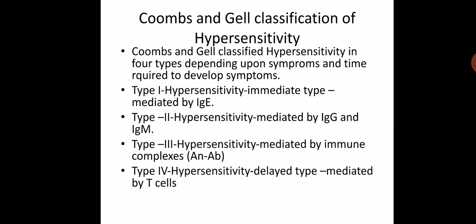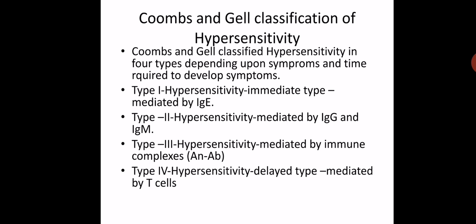And the fourth type will be type 4 hypersensitivity reaction, which is the delayed type, also known as delayed type of hypersensitivity reaction, which is actually mediated by T cells. Now you will understand, from type 1 to type 3 we discussed that there is involvement of immunoglobulins or antibodies. Sometimes IgE is predominant, sometimes IgG or IgM is predominant.